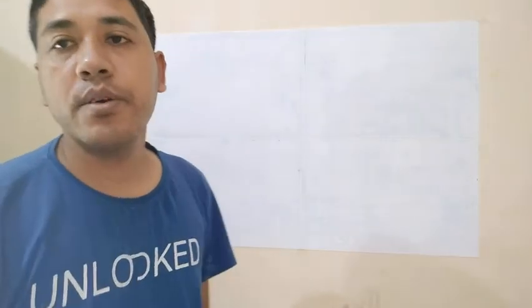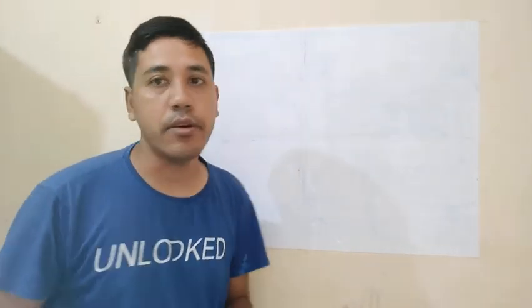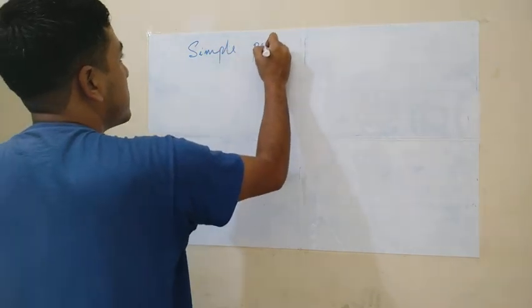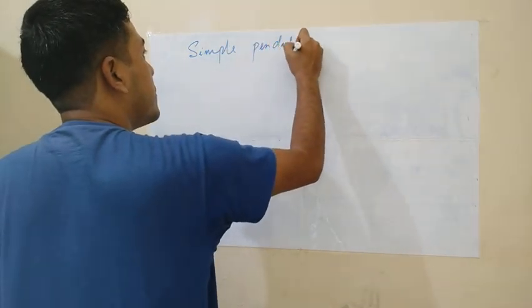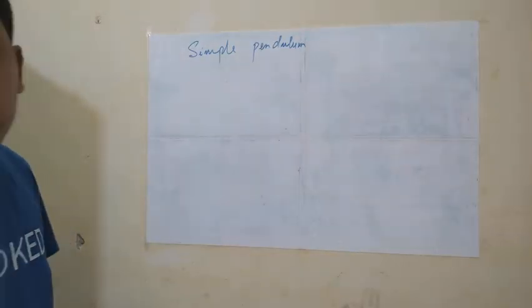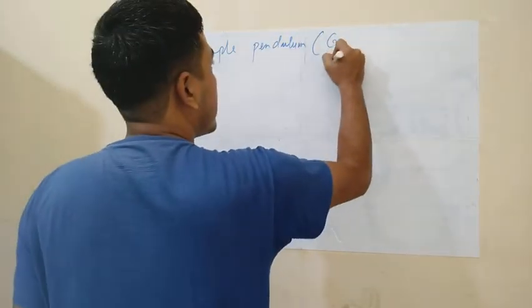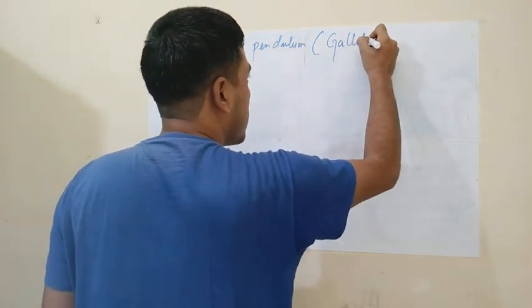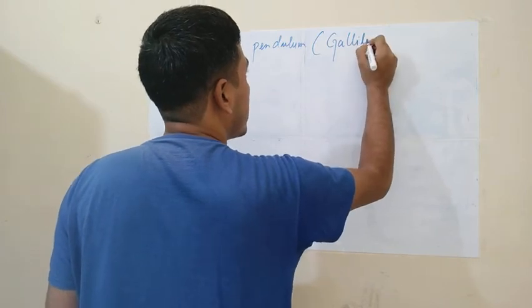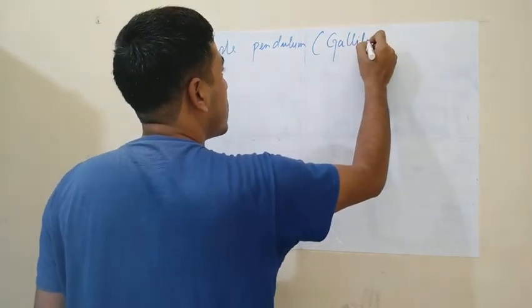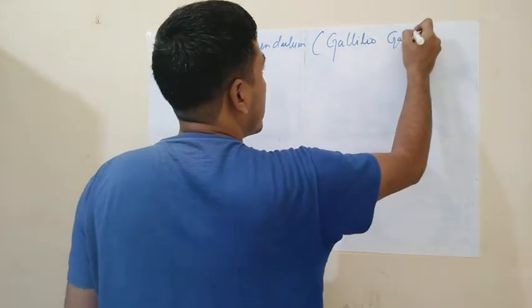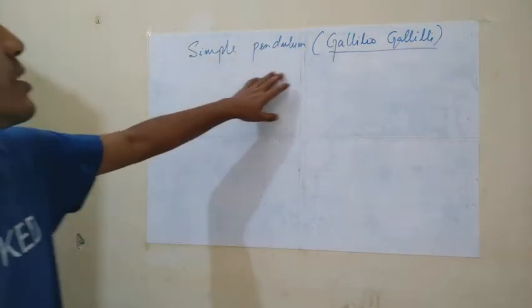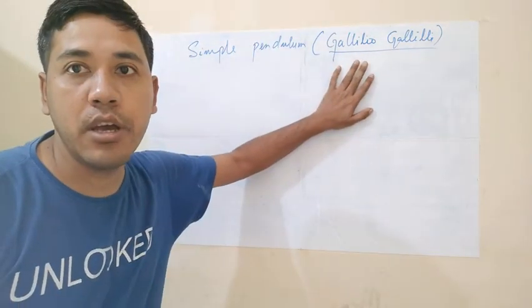Due to the discovery of the simple pendulum by Galileo Galilei, what happened?